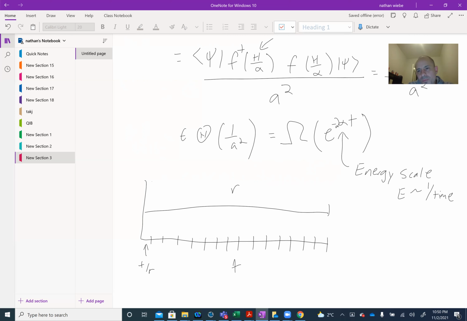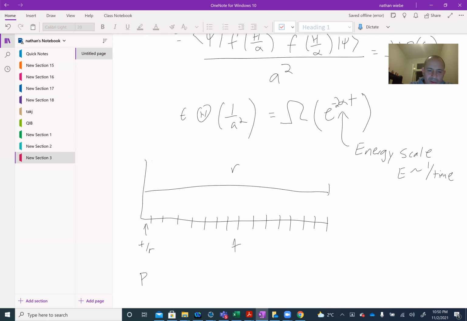Okay, so if we do that, then the probability of success ends up going like e to the negative 2 alpha t over r. And then what we're going to want to do is the following algorithm.